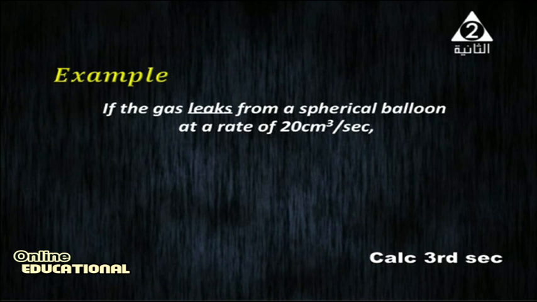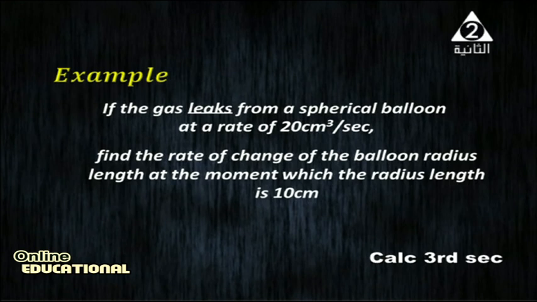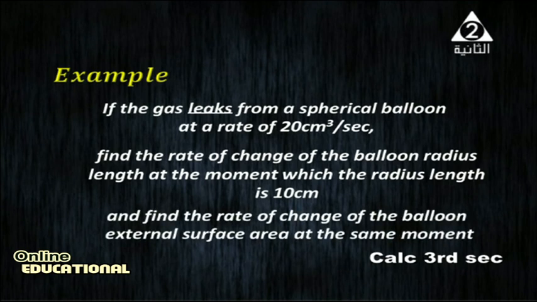Now we move to the next example. If the gas leaks from a spherical balloon at a rate of 20 centimeter cubed per second, find the rate of change of the balloon radius length at the moment at which the radius length is 10 centimeter, and find the rate of change of the balloon external surface area at the same moment.